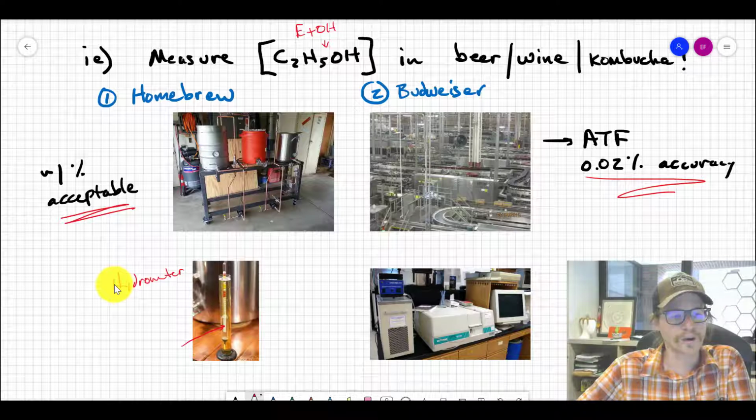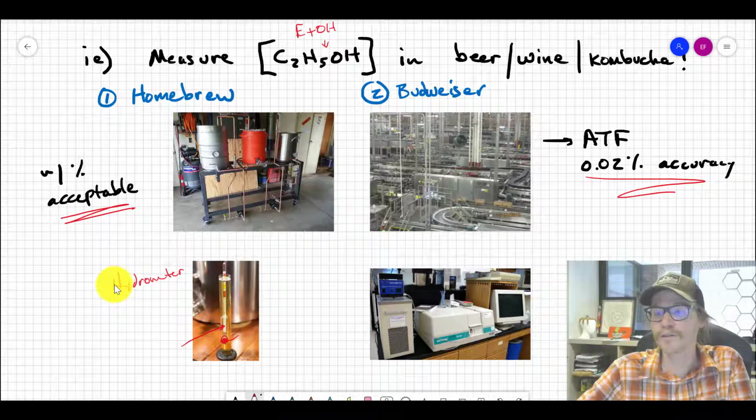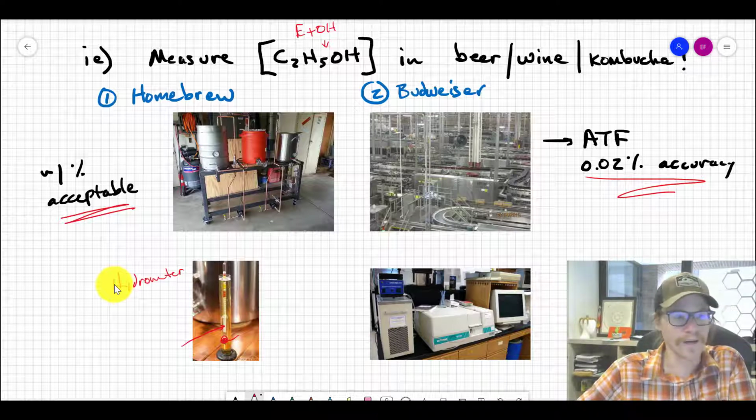This thing has a lead weight in the bottom right here, and then it's got a calibrated scale for density. And we know that as you add more and more ethanol to water, in the case of beer, the density is going to go down because the density of ethanol is less than that of water. And so we can calibrate one of these things. You can buy them for about $6 on Amazon.